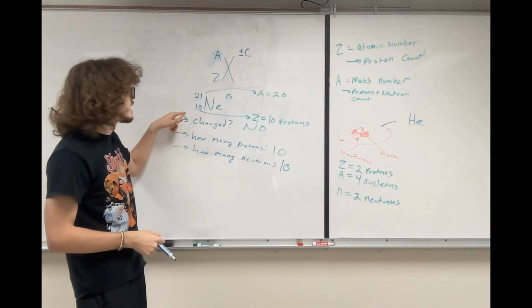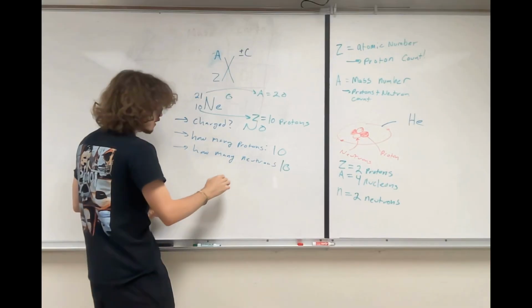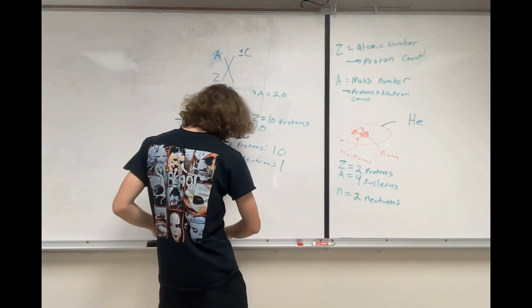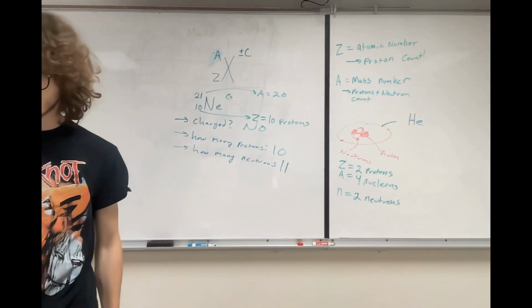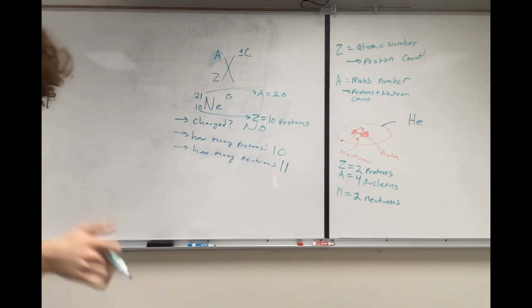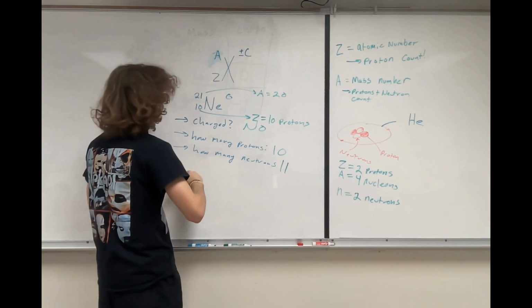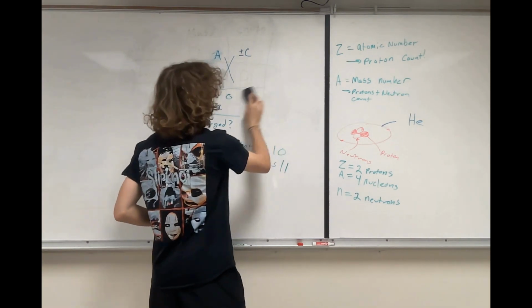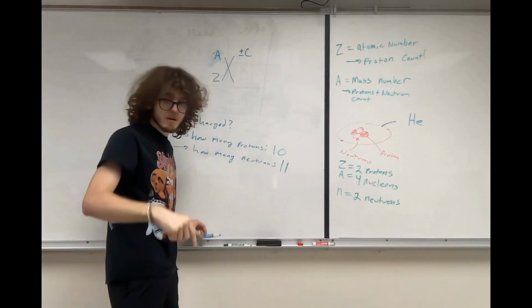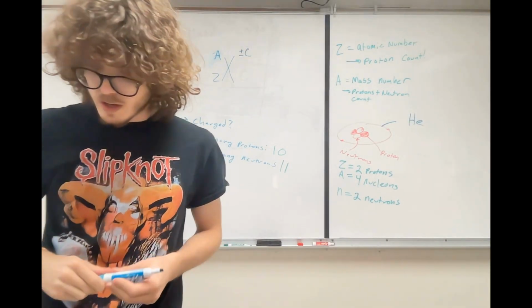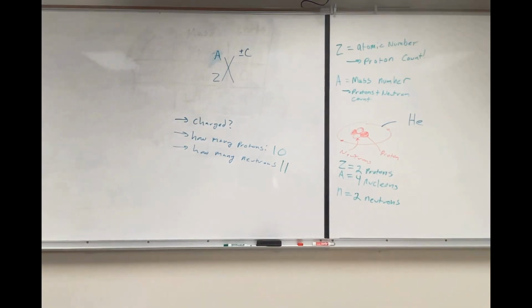That must mean that I added a neutron. So this is not 10 anymore, this is 11. Get comfortable with working with this stuff. Let's do one more just to get it down. After this, we'll talk about one more thing about charge.